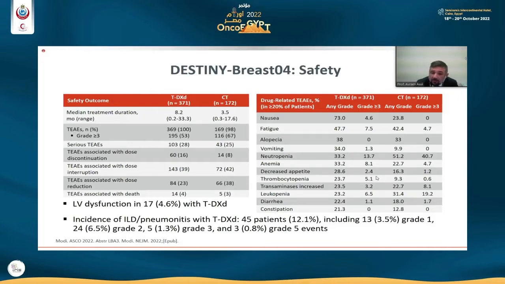But when we consider giving this agent, we always have to think of the possibility of our patient having pneumonitis and how we are going to manage it. Another thing is that cardiac dysfunction was noticed in a small percentage, 4.6%, with trastuzumab deruxtecan as well.